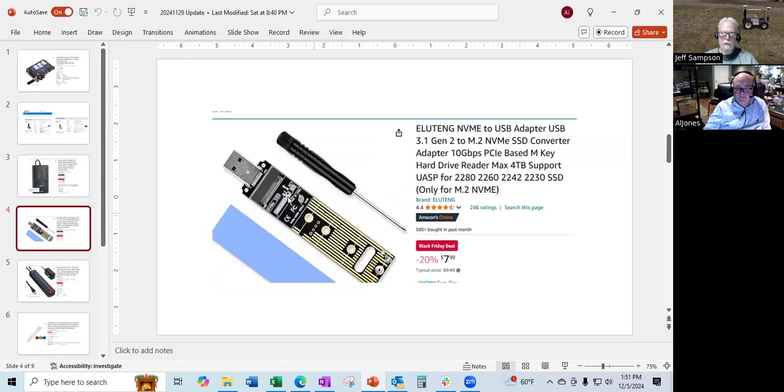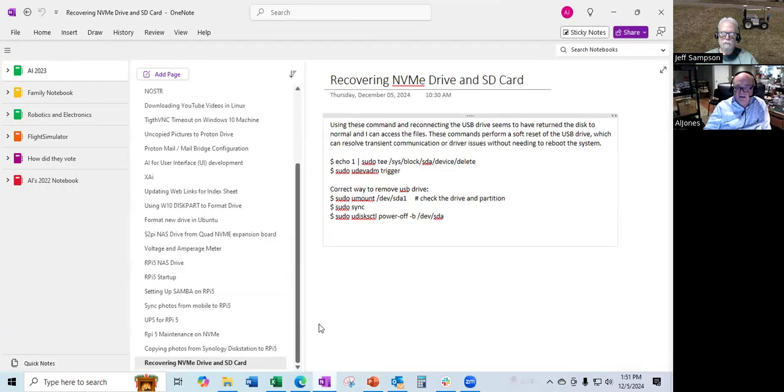I had an NVMe drive connected to this USB deal, and I don't know what's causing the failure, but I did get down to, if I execute that command, I can bring the drive back to life. So something's not closing right.